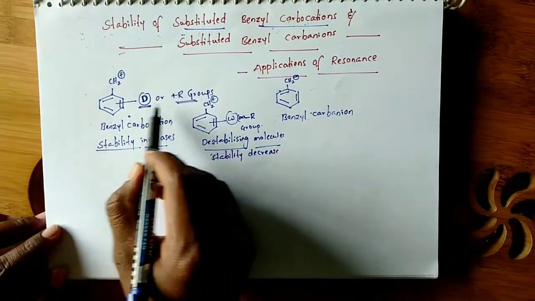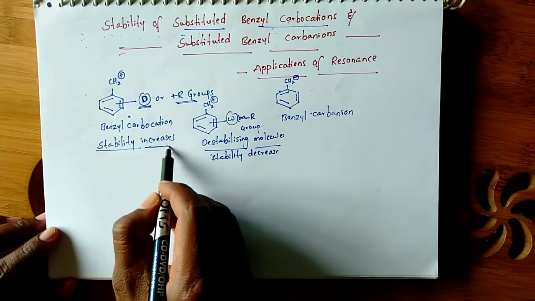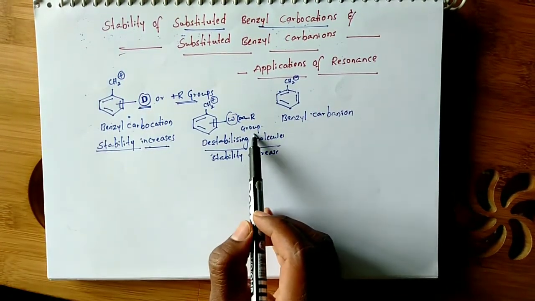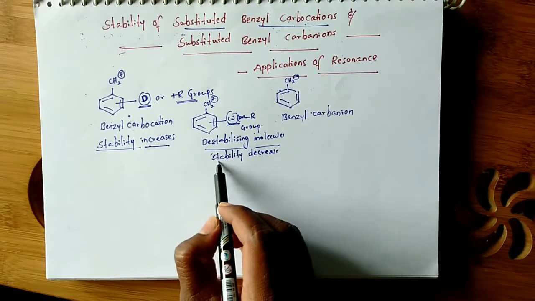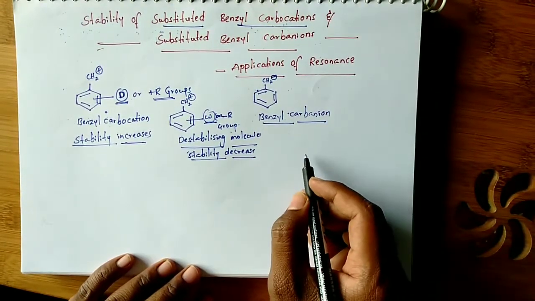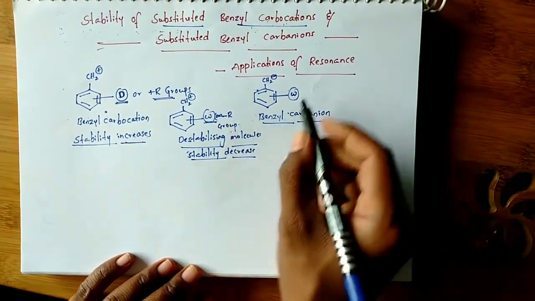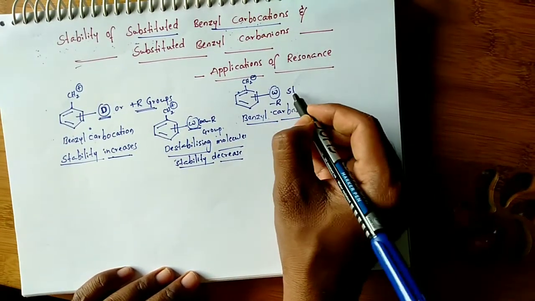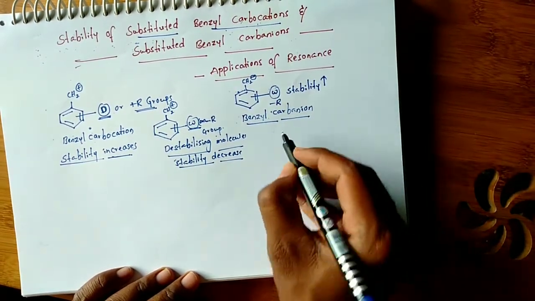If an electron donating group, a plus R group, is present on the ring, the stability increases for benzyl carbocation. If a minus R group, an electron withdrawing group, is present on the ring, it destabilizes the molecule and stability decreases. It is opposite for the benzyl carbanion. If an electron withdrawing group, a minus R group, is present, stability increases.